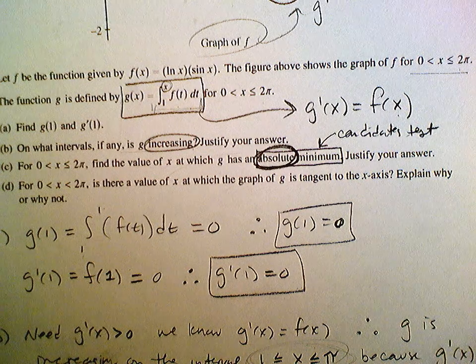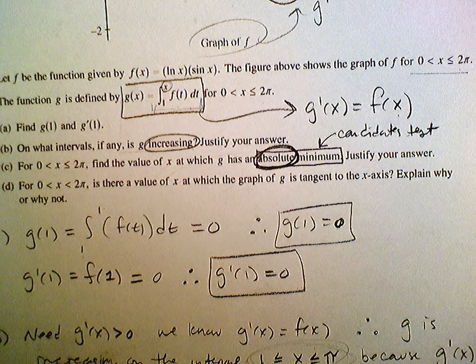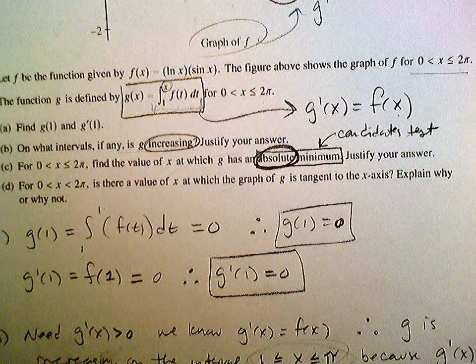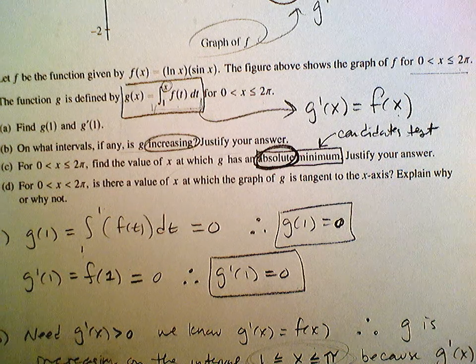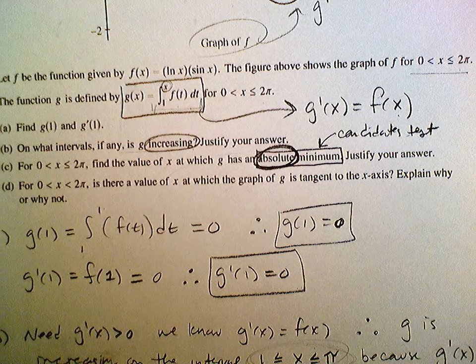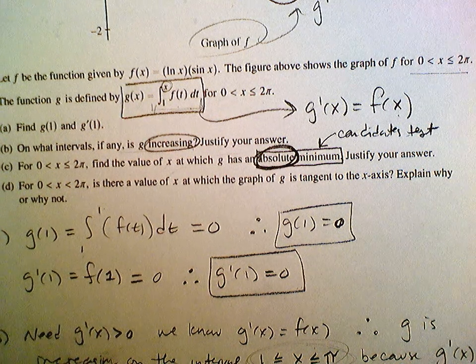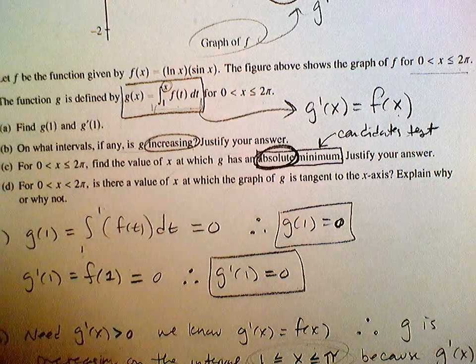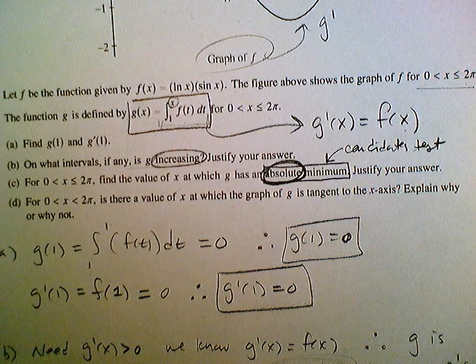And really guys, we need to be familiarizing ourselves with these packets. I'm looking right now through one of our yellow ones, or our salmon colored ones. I'm looking for the candidates test. I don't see it. Maybe it's in the other. It is. Okay. So it is in exam topics to look for part 2.